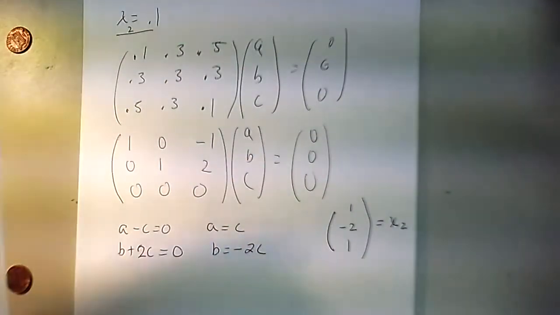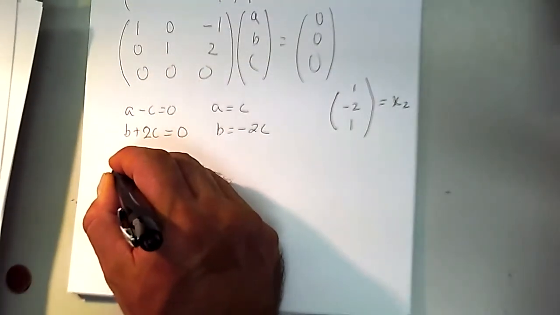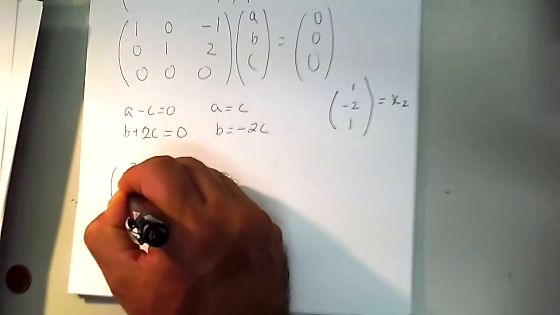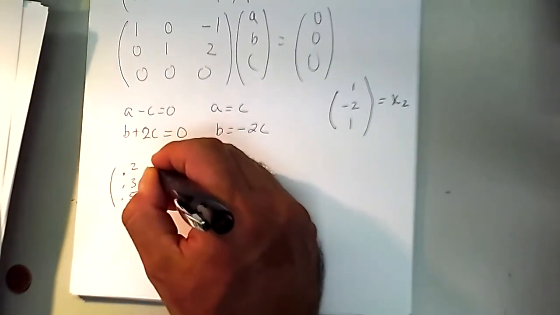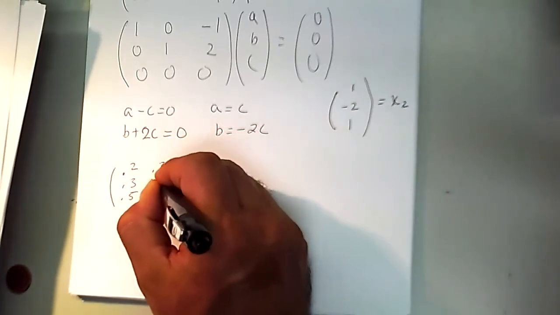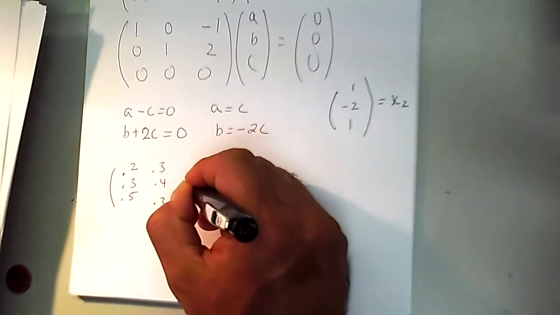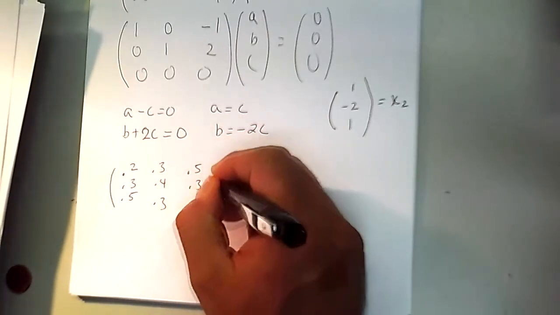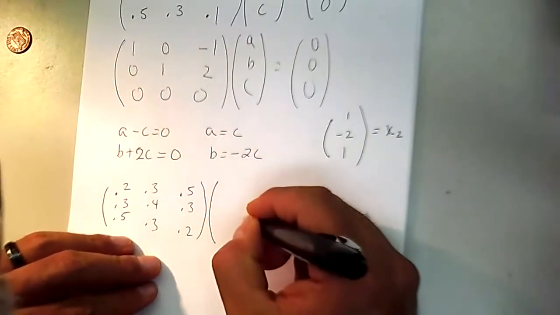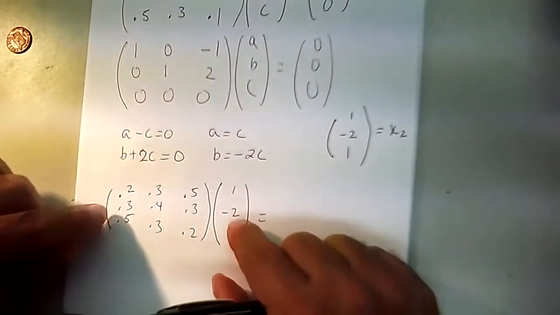And I want to double check that it actually works the way it's supposed to work. I'm multiplying A, which is 0.2, 0.3, 0.5; 0.3, 0.4, 0.3; 0.5, 0.3, 0.2, with this vector 1, negative 2, 1, to make sure we obtain what we are supposed to obtain. Let's see.